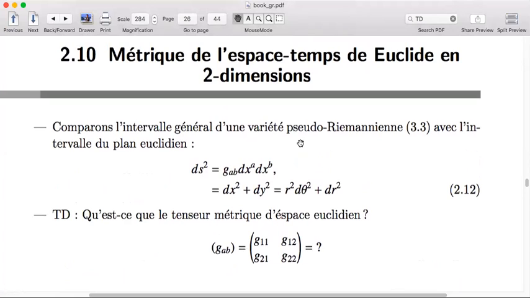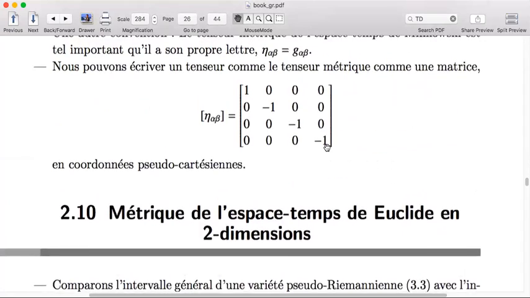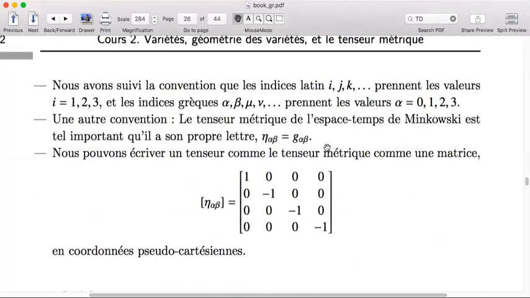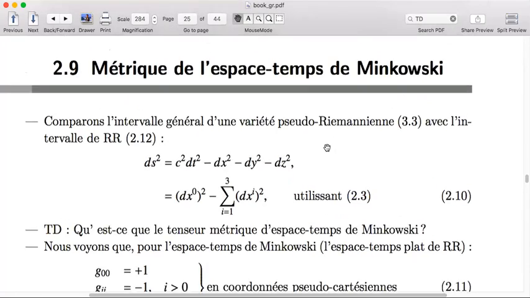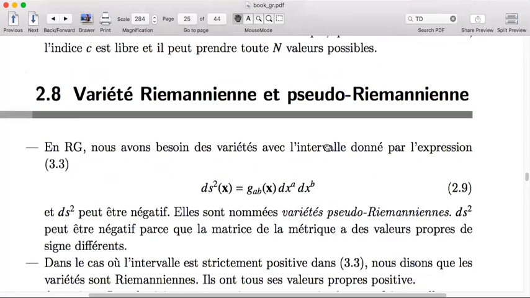And so last time we introduced the notion of manifolds and semi-Riemannian manifolds. And we had the possibility of having a metric on there.